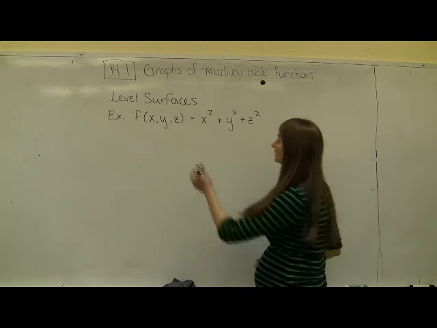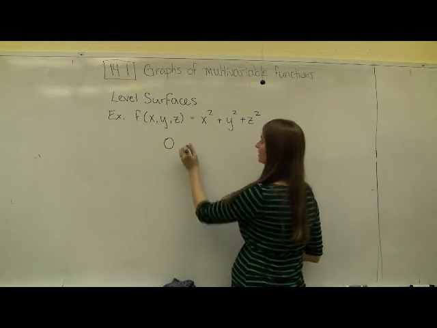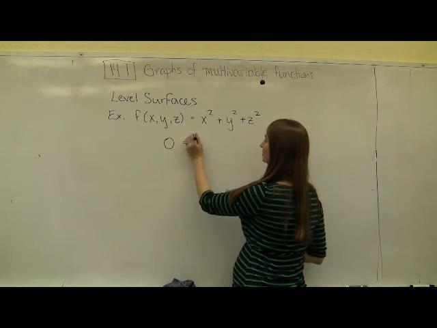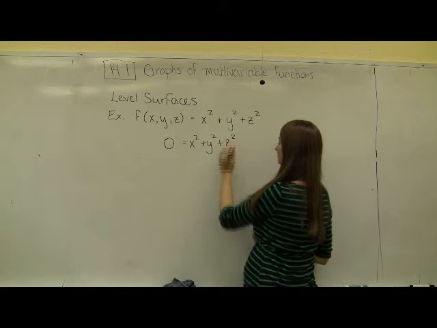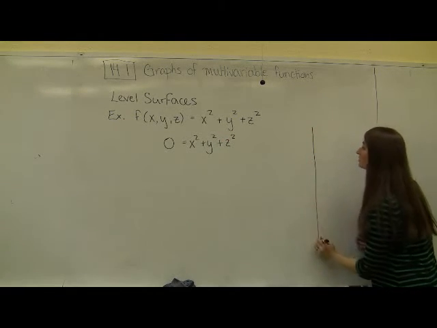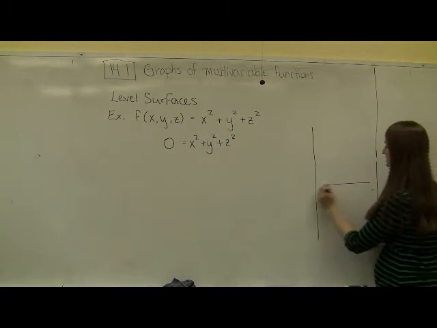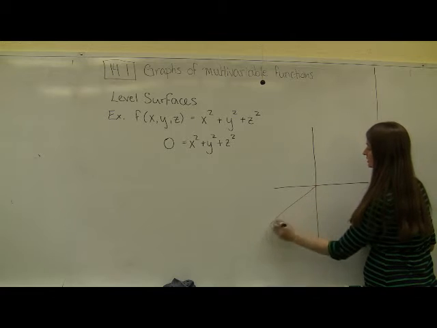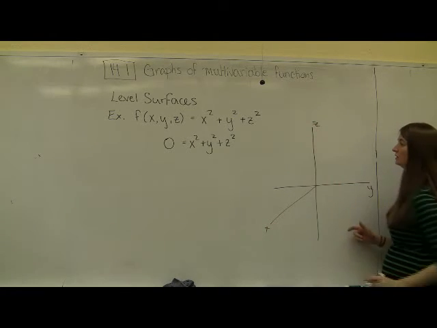In this case, let's look at what happens when I set f of x, y, and z exactly equal to 0. I get the equation 0 is equal to x squared plus y squared plus z squared. This is a really boring level surface. My level surface is going to be represented by some figure in 3-dimensional space, and we know what this level surface looks like. Here's my x, y, and z coordinate system.